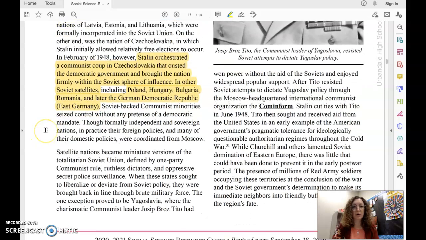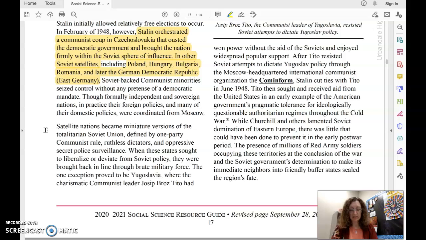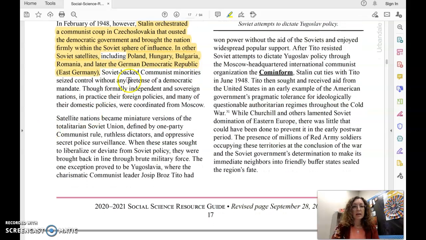Here's some other countries: Poland, Hungary, Bulgaria, Romania, East Germany. What happens here is communist minorities that already exist in these nations receive additional support from the Soviet government, financial support, military support.